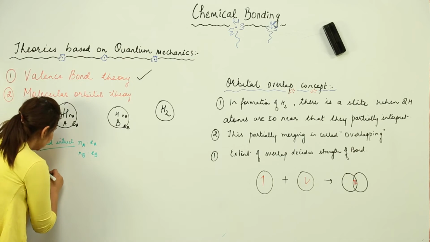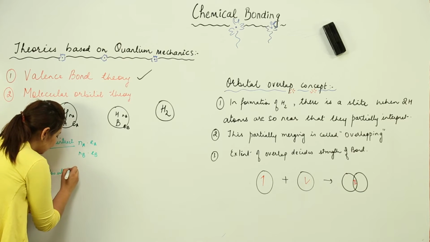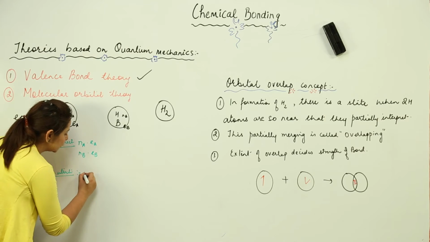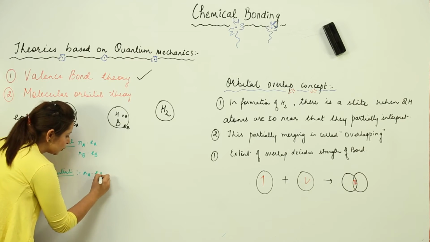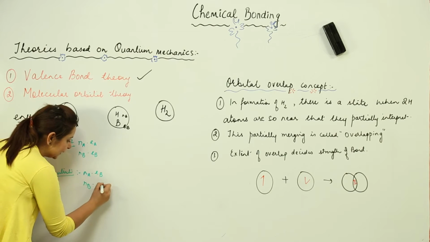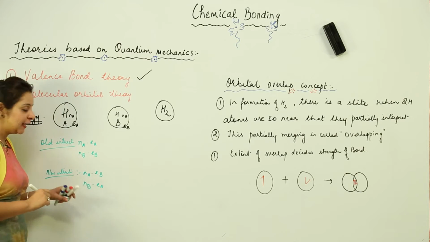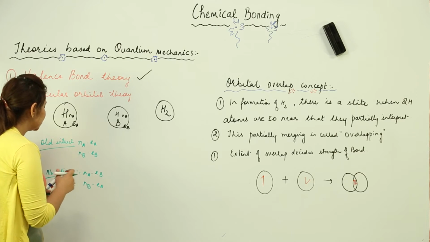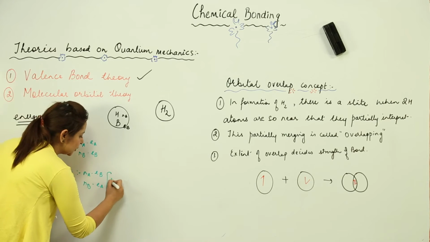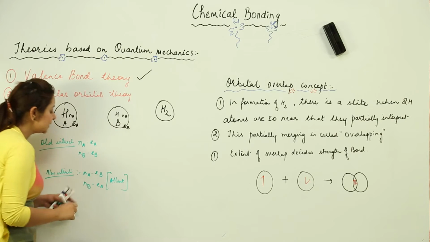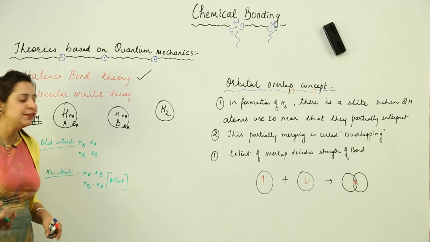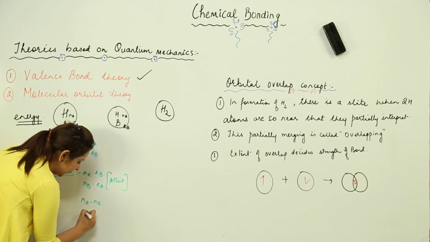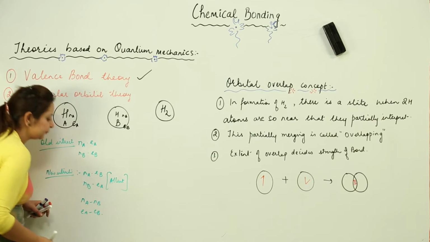There is an attraction between the nucleus of A and the electron of B, and between the nucleus of B and the electron of A. This is a new kind of attraction. Moreover, we see repulsive forces between the nucleus of A and the nucleus of B, and between the electron of A and the electron of B.